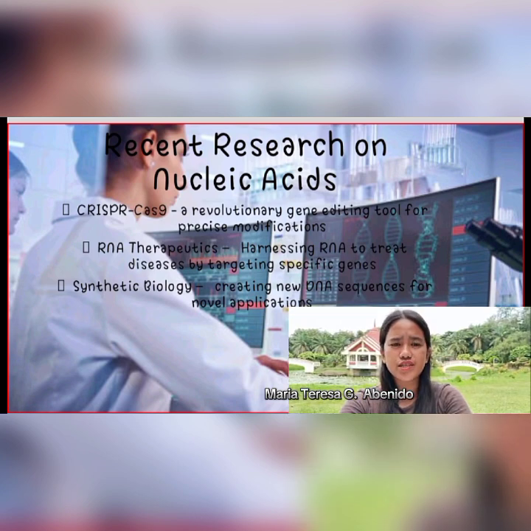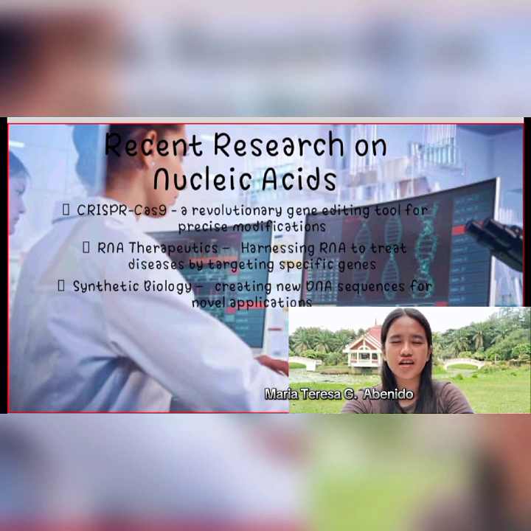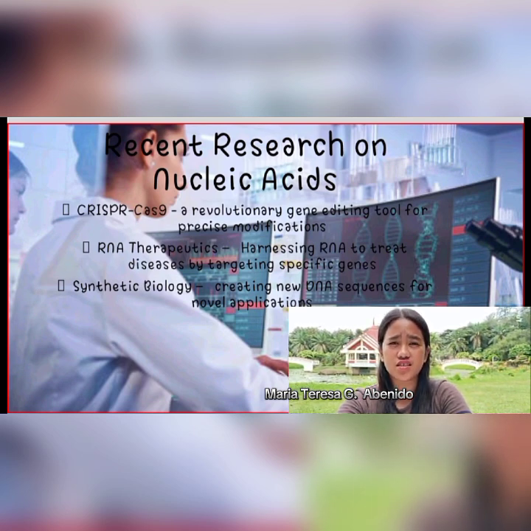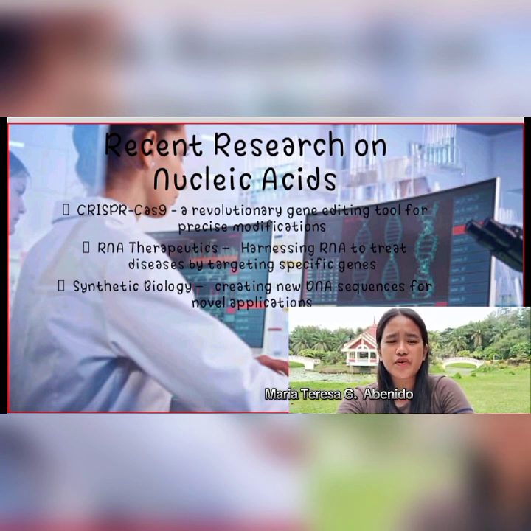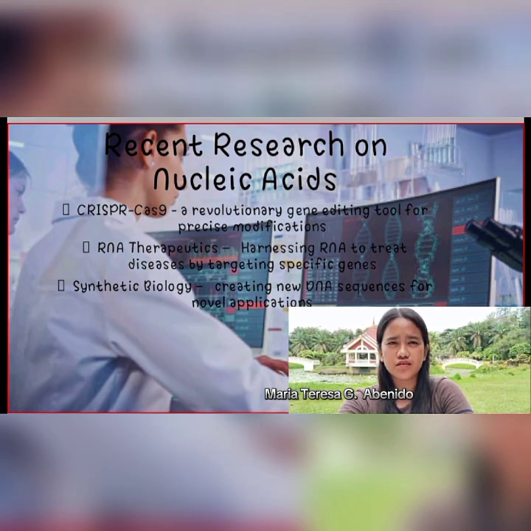Examples of recent research on nucleic acids are CRISPR-Cas9 and cystic fibrosis. Cystic fibrosis is a genetic disease that affects the lungs and the digestive system. CRISPR is being investigated as a potential treatment to edit the faulty gene responsible for the disease.